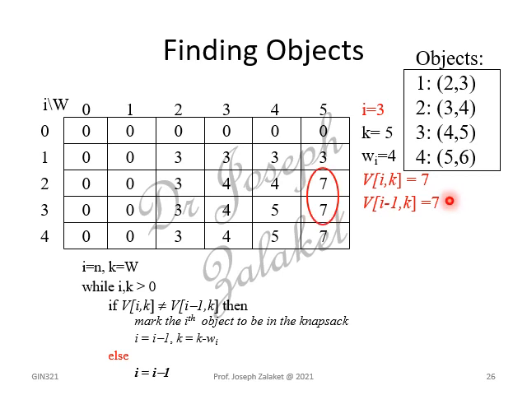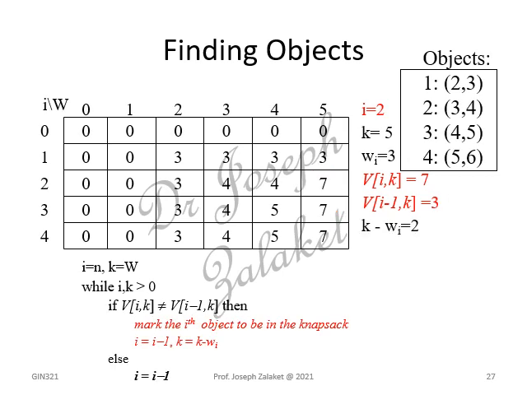Now again, we are at this line. We compare it with the previous one. The value is the same. We will decrement i and go to an upper line. Now we are here. Make the comparison. 7 is different from 3, so we will mark object 2 as an object to be included inside the knapsack because the upper value is different.